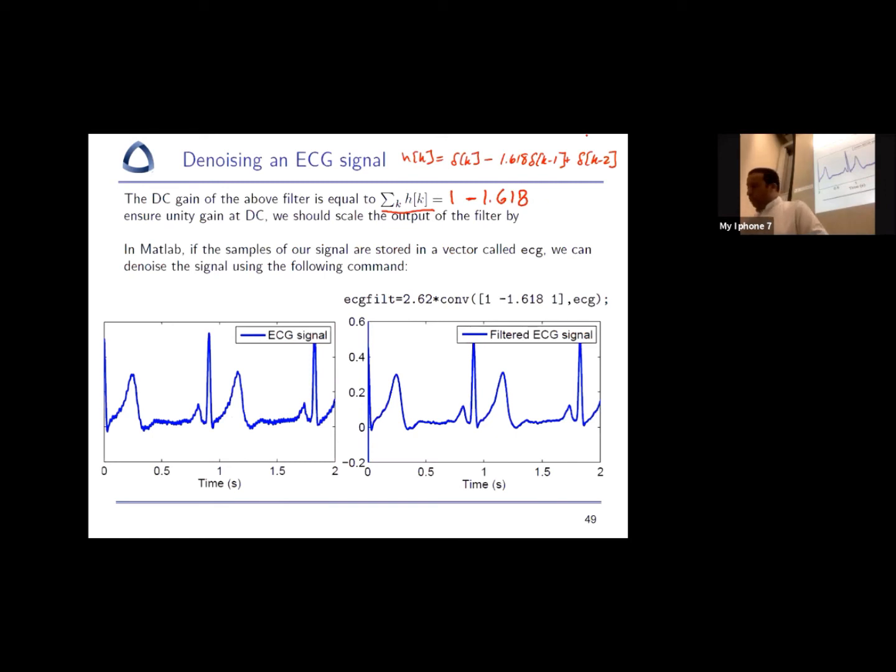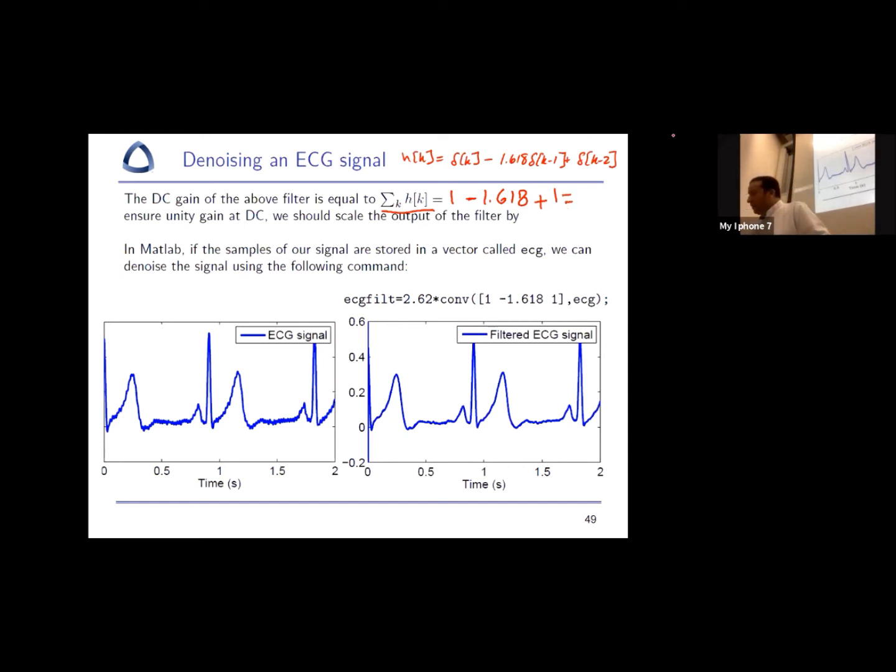The DC gain is the gain where the frequency equals 0, or in other words, where Z equals 1, because Z equals e to the j omega. So substitute omega equals 0, and you get the DC gain. All right? To get the unity DC gain, we need to divide by this value.